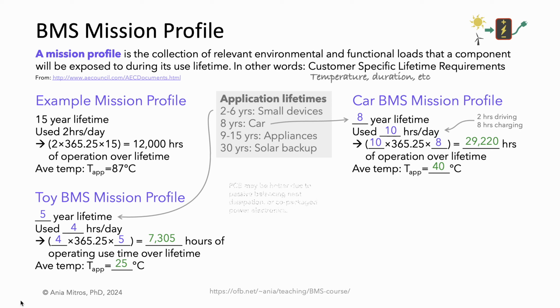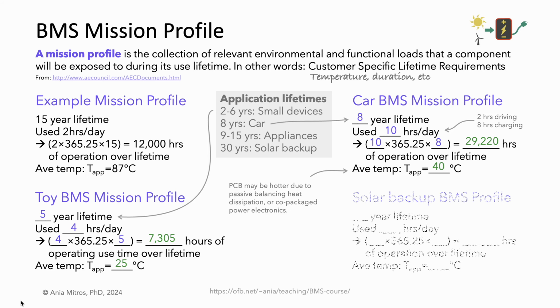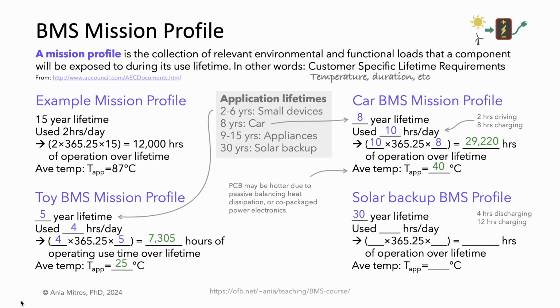That said, the temperature of the BMS PCB may be higher than the cell temperature, especially if high balancing currents are used, or if the BMS electronics are co-packaged with other higher power electronics. A solar backup home energy battery may have a 30-year lifetime and operate 16 hours per day, with a total lifetime operation of some 175,000 hours, nearly 15 times longer than our example.